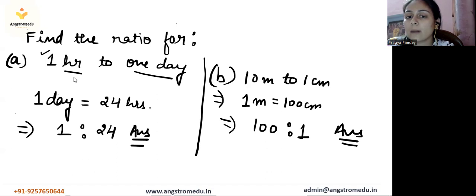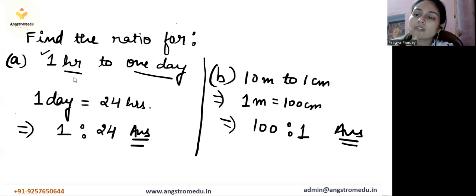For example, we can compare hours with hours only; we cannot find the ratio of hours to days. So we either convert hours to days or days to hours, whichever is convenient.